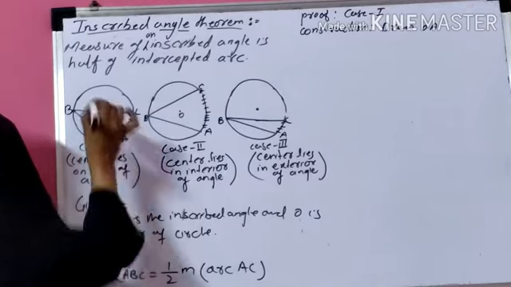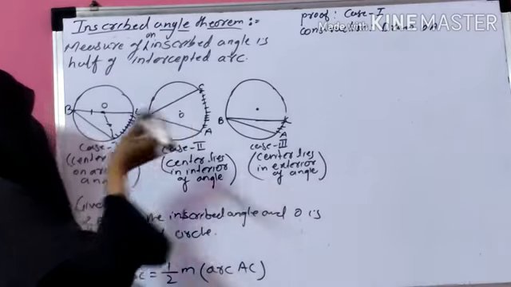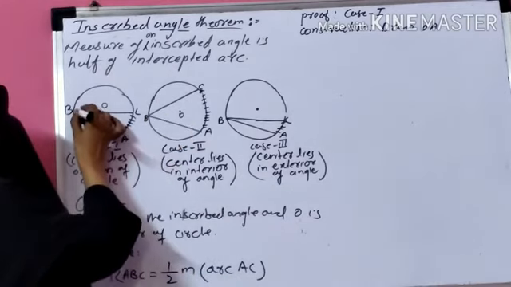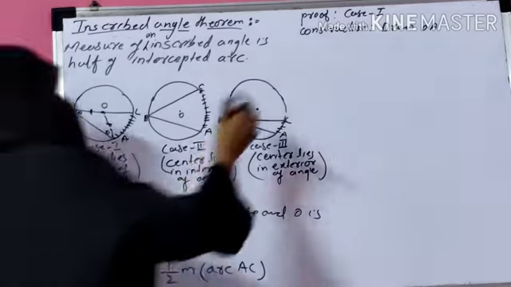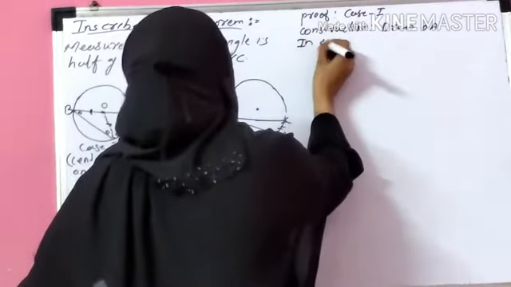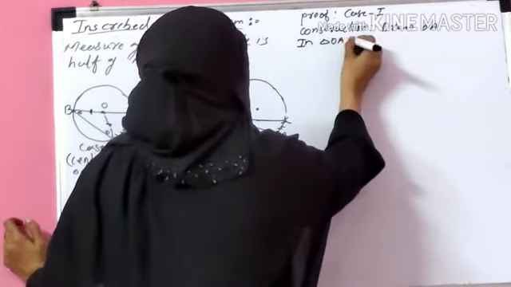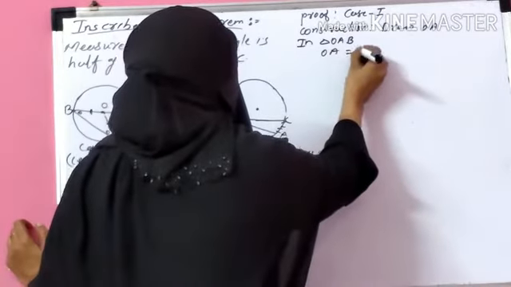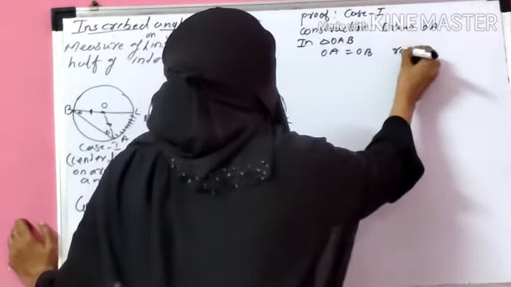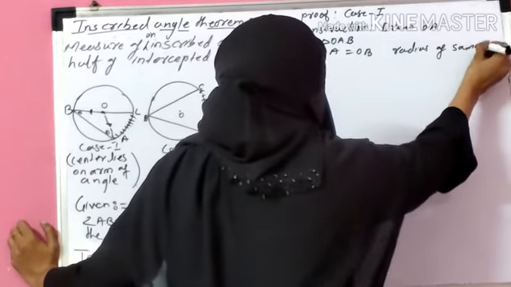OA is equal to OB, radius of the same circle. So the triangle is isosceles. If two sides are equal, then the angles opposite the congruent sides are also equal. So in triangle OAB, OA is equal to OB, radius of the same circle.